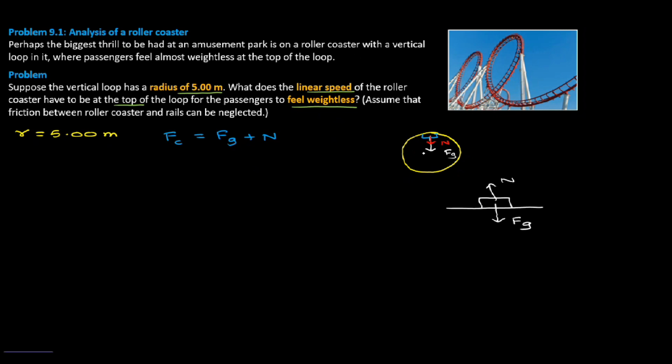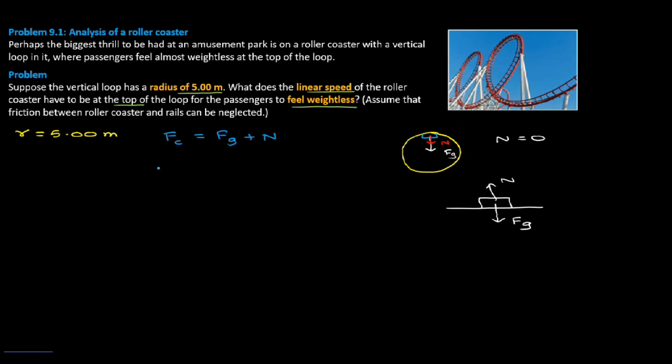So if we want the passengers to feel weightless at the top of the circle, the normal force acting on the passengers must be equal to 0. And this is what we are going to substitute into our equation here. For weightlessness, we will substitute the normal force acting on the passengers to be 0.